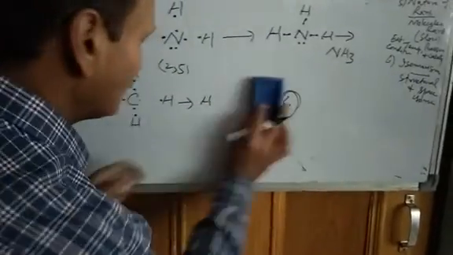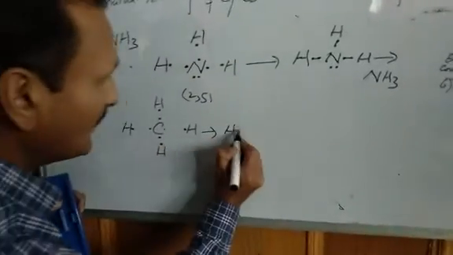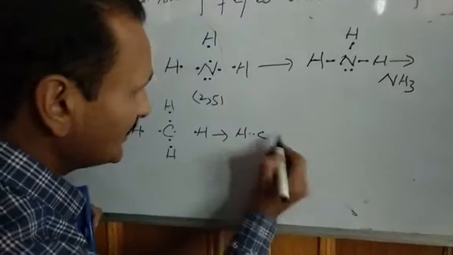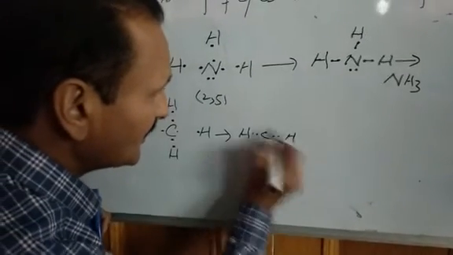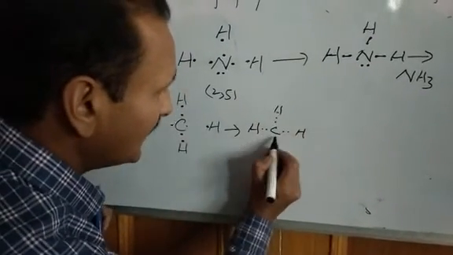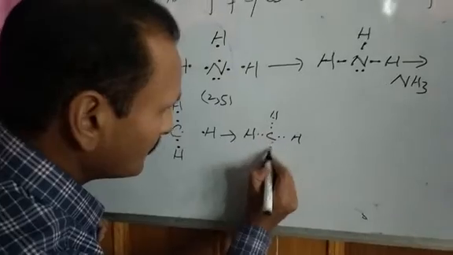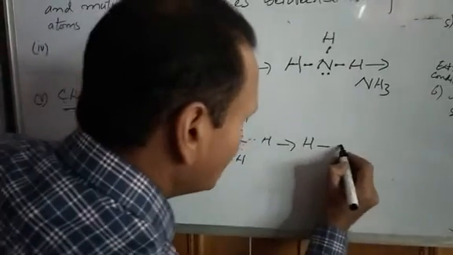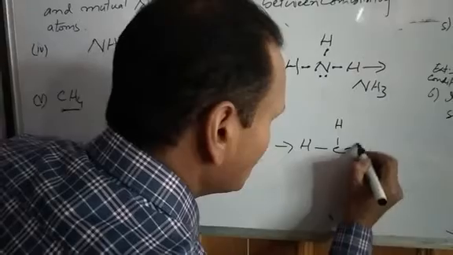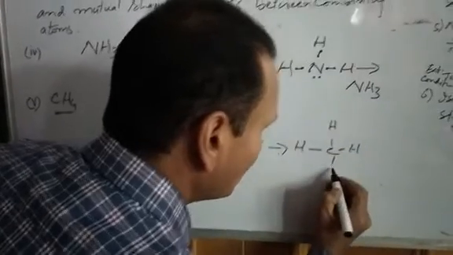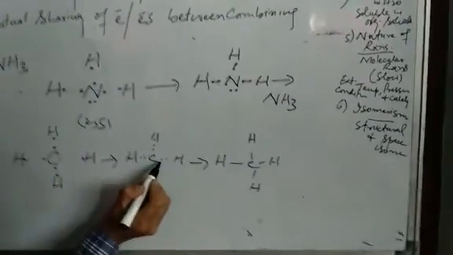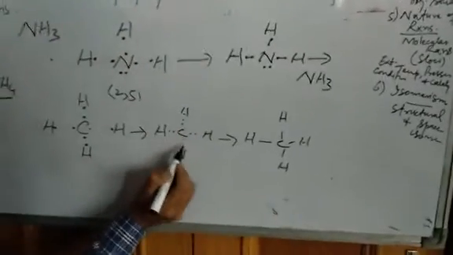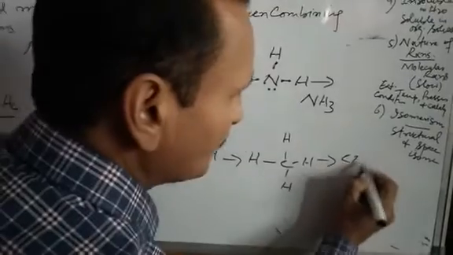H, mutual sharing of 1 electron between H and C. Here again H and C. Here again H and C. Here again H and C. So as a result, 1, 2, 3 and 4 single covalent bonds are formed, and these are all bonded pairs, that is shared pairs. They are forming bonds, no lone pair at all. So as a result, methane is formed.